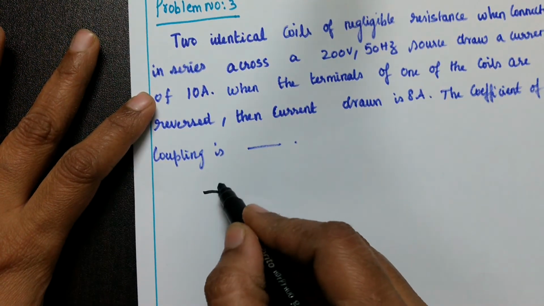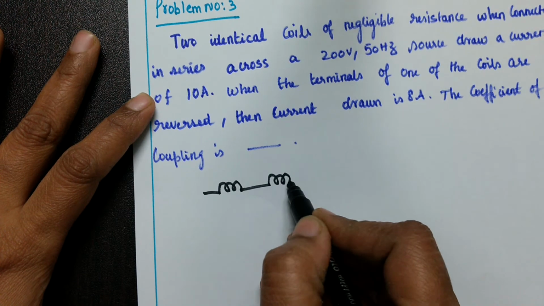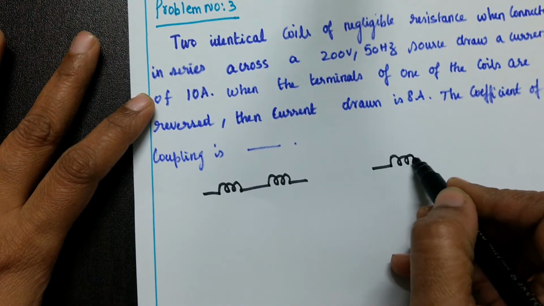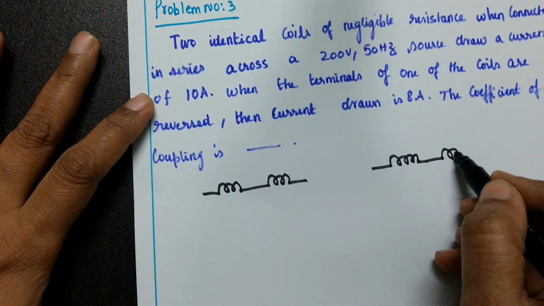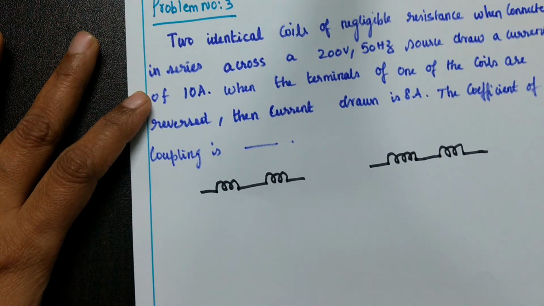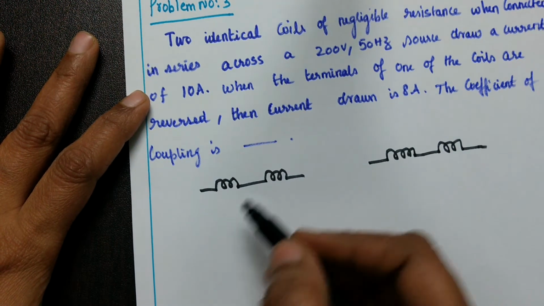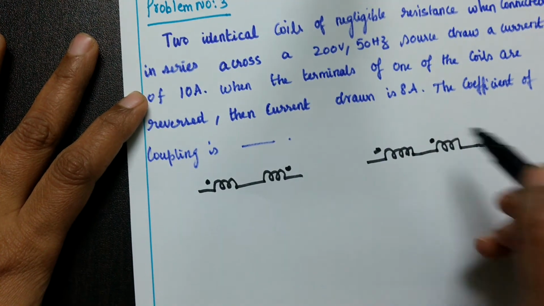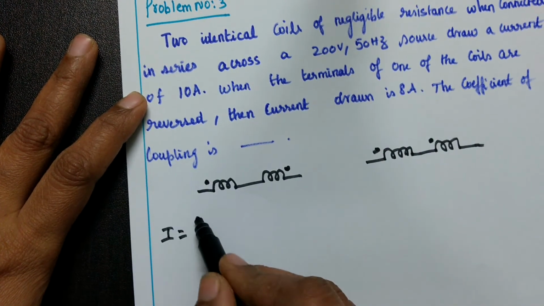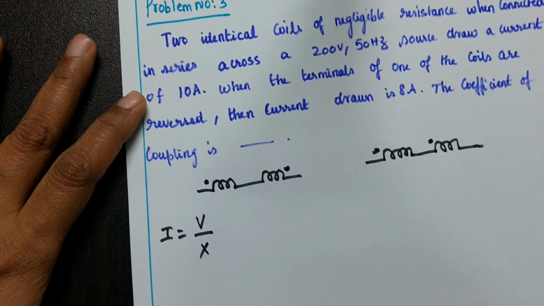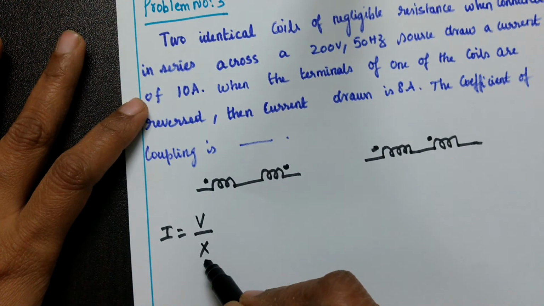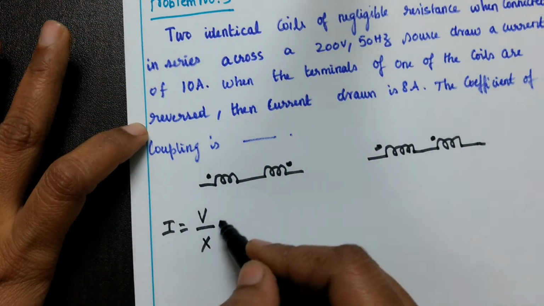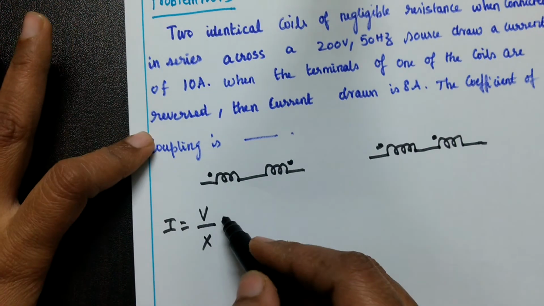What are the connections first? Series aiding and series opposing connections. We don't know the initial condition, whether it is series aiding or series opposing. Normally, current equals V by X for AC networks, where X is the total reactance.